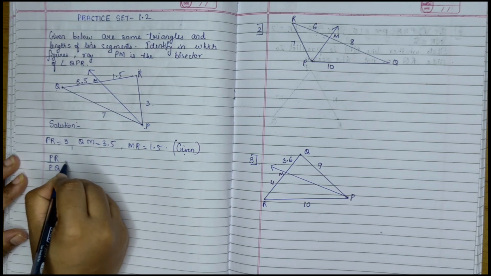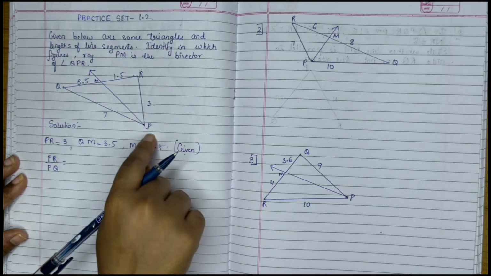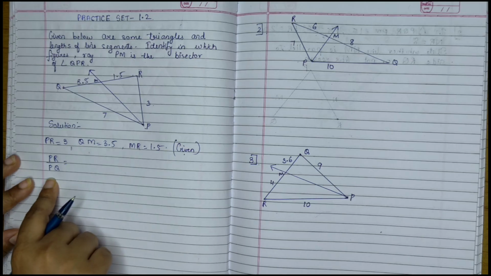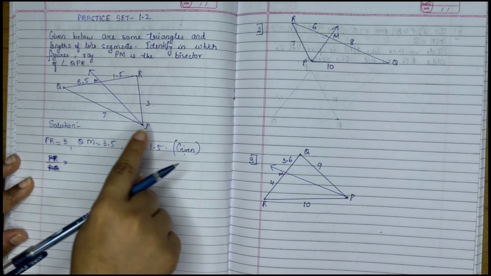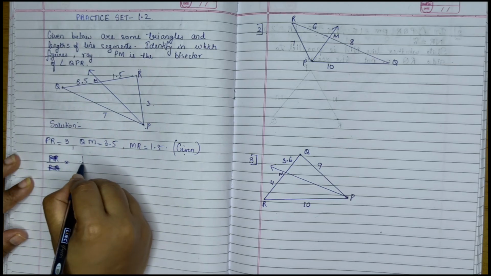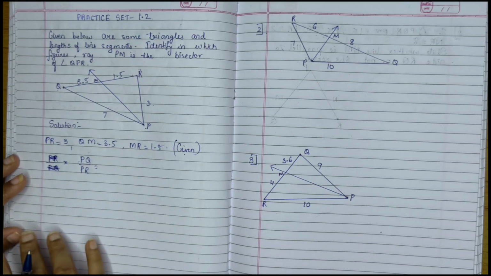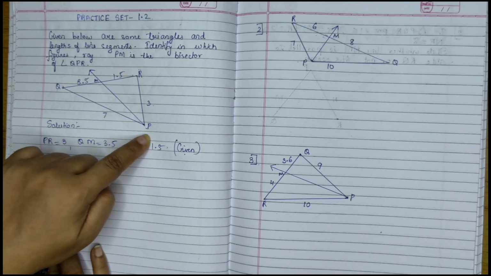The ratio of these two sides. Don't write PR, write PQ. Write the longer one first. PQ upon PR. I had written the smaller one. You can write the bigger one first. That is PQ upon PR.